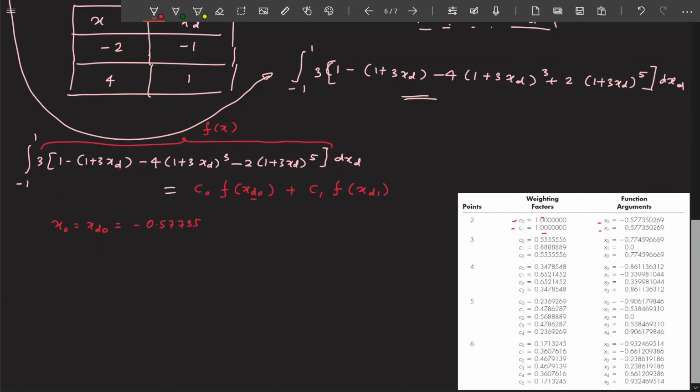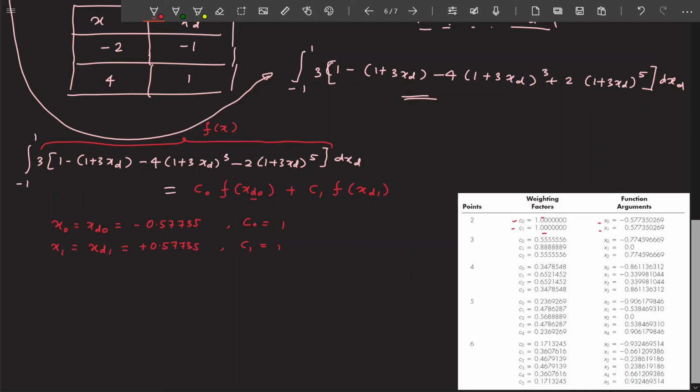I'll have to truncate it somewhere. I'm just using 5 decimals. And x1 is going to be xd1, in our case plus 0.57735, which is nothing but I think 1 by root 3. If you guys can just check it. And c0 is 1 and c1 is 1.